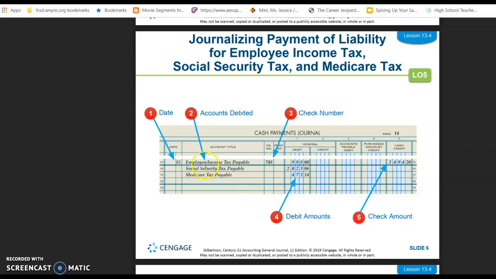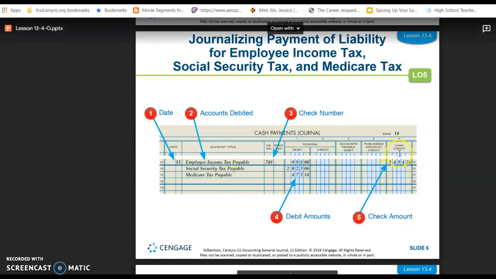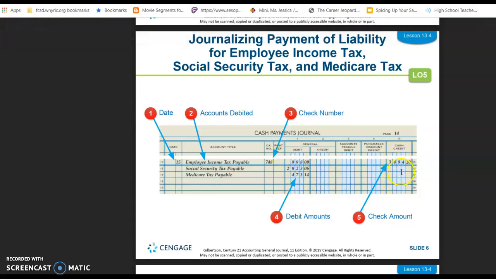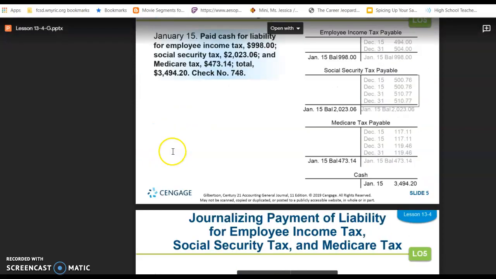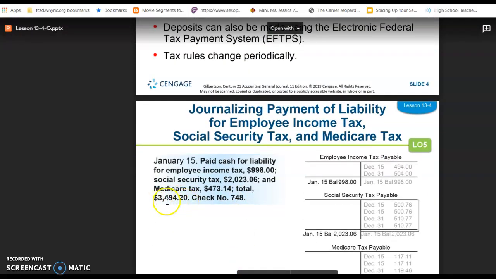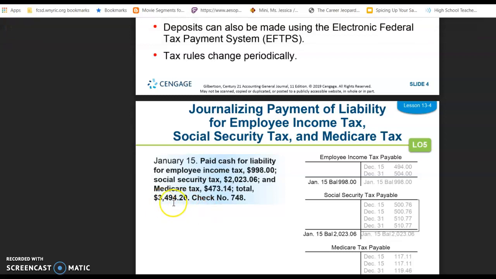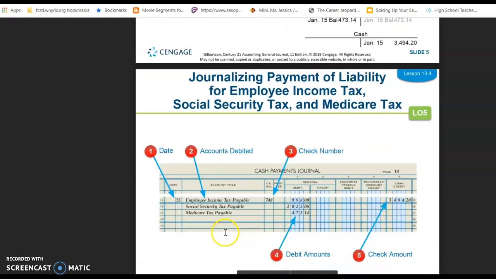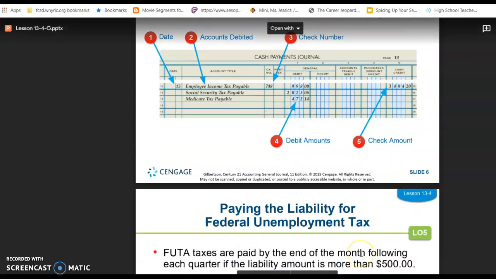So the federal or employee income tax amount given in the description in the transaction, the Social Security tax payable, and the Medicare tax payable are all going to be general debits, and then the total amount, adding up those 3, would be in the cash credit, which is also usually given in the transaction, spelled out for you. But if not, you would just add those 3 to get that amount. So that's the first transaction.